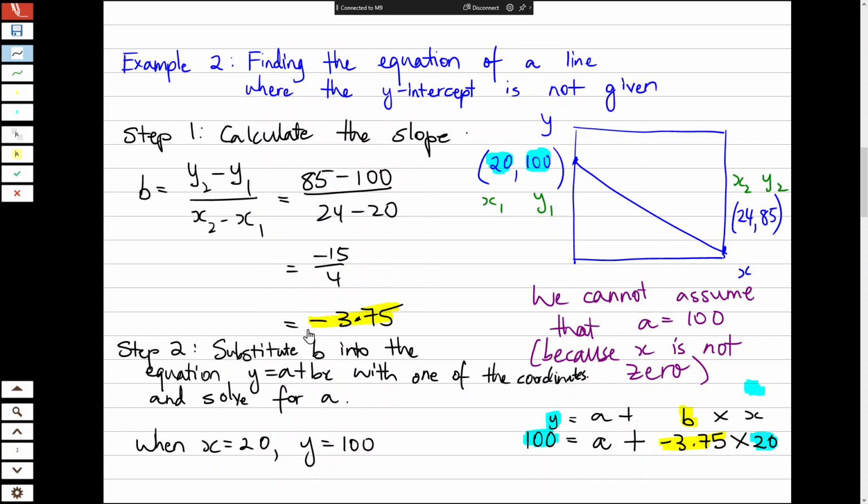And once I've got the intercept and the slope, I can write down the equation. I'll leave it up to you to decide how you want to do this, but I believe it is going to be that. And so A equals 175.